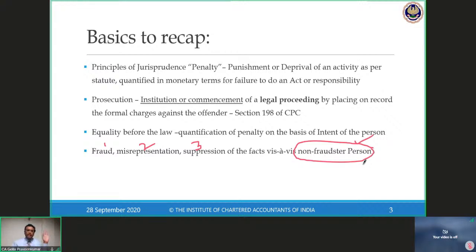Please don't bring me into the ambit of these three aspects called fraud, misrepresentation, suppression. Section 74 is covered with these three aspects. Section 73 is covered for a non-fraudster person.